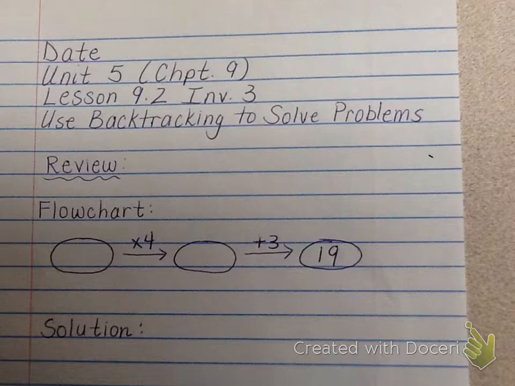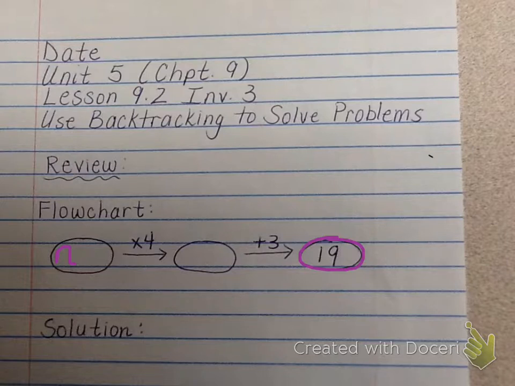Okay, so let's review what we did with backtracking. We have our output, 19, and we're looking to find our input. Let's call our input n. As you can see, the flowchart already has the operations going forward.